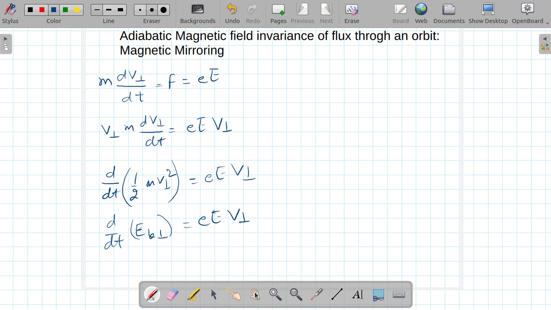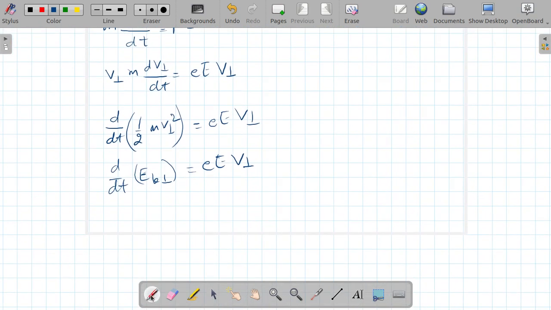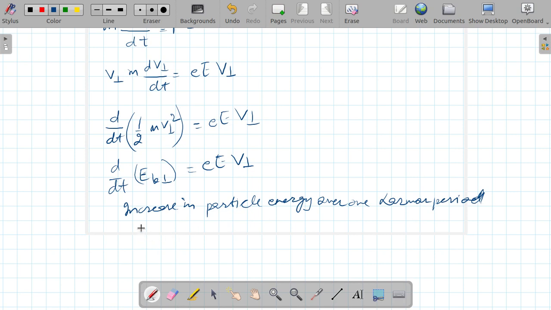Now to find the increase in particle energy over one Larmor period, it can be found by averaging over one Larmor period.